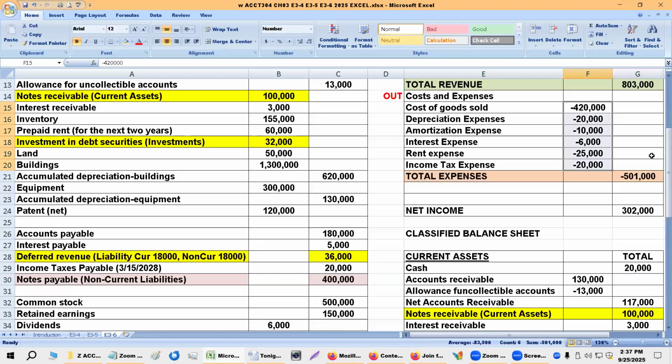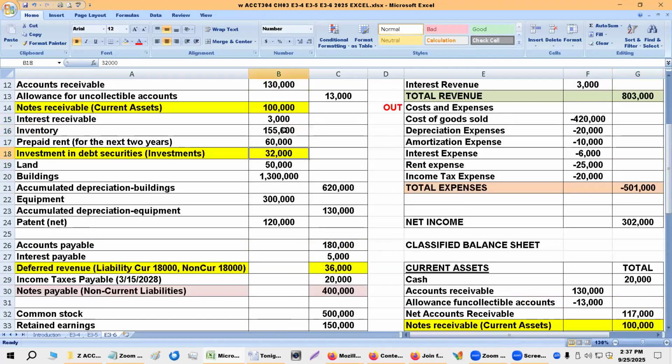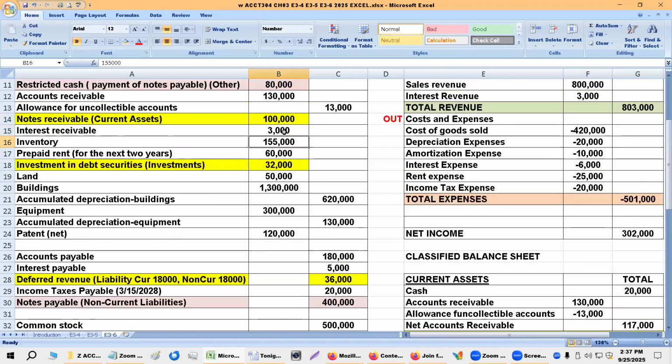Wouldn't the net accounts receivable be 137 though, right? Because you have to add the 20,000 to the 130, so 150 and then minus 13,000, which would be 137.